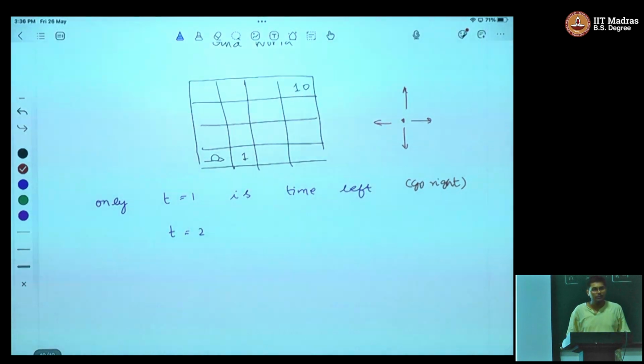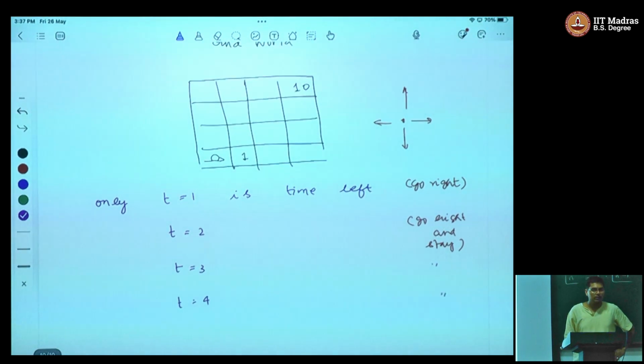There are 2 steps left. Go right and stay. T equals 3. Same. T equals 4. It can go only right.